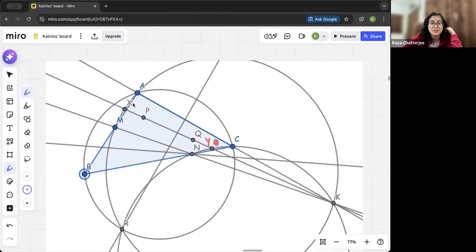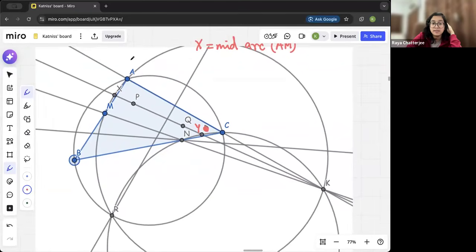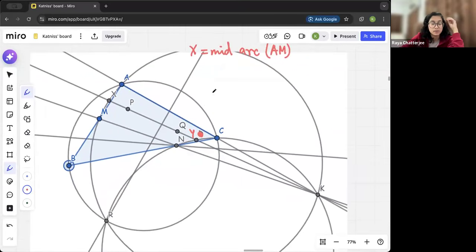So basically, X is the midpoint of arc AM in the circumcircle of AMK. I'm taking the circumcircle of AMK because this is a complete quadrilateral, right? And it passes through R. And I'm also taking Y to be the midpoint of the arc in the circumcircle of CNK.